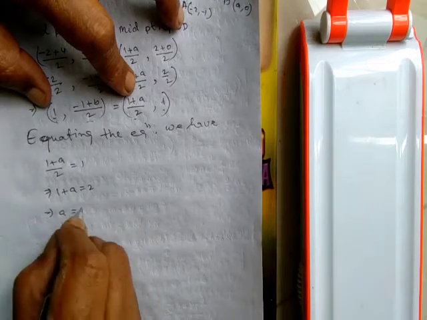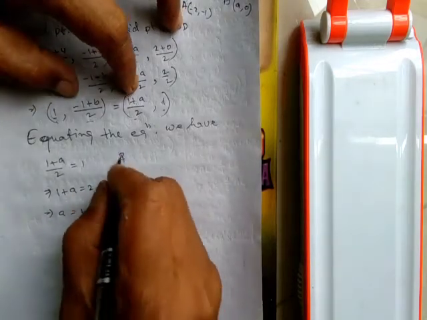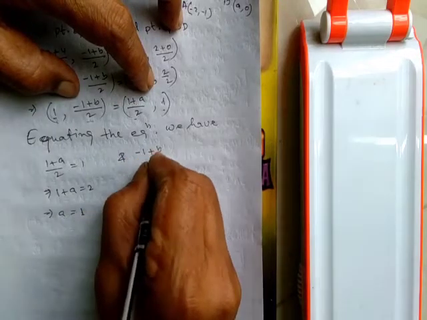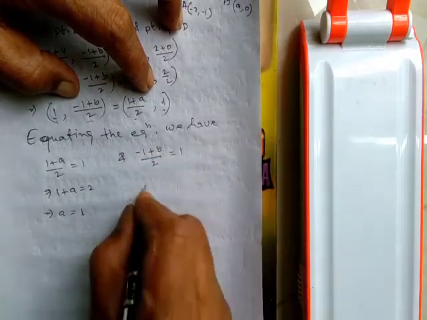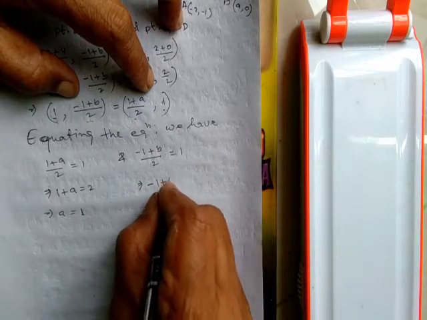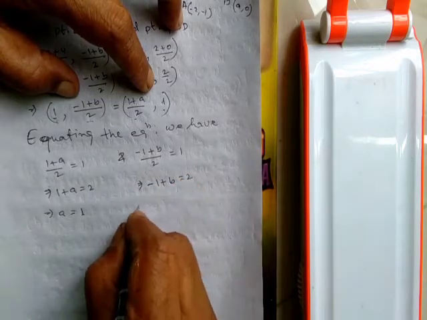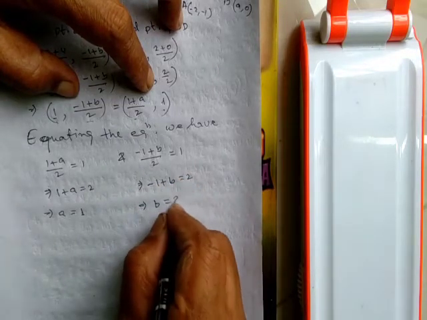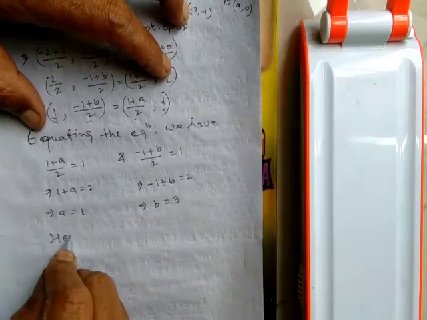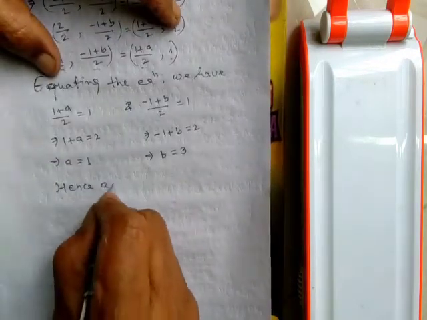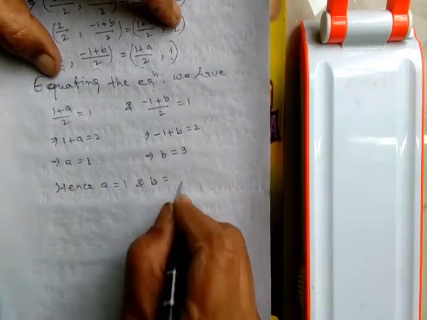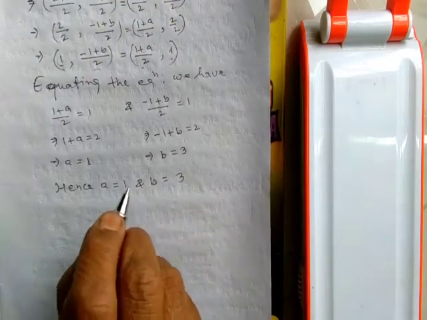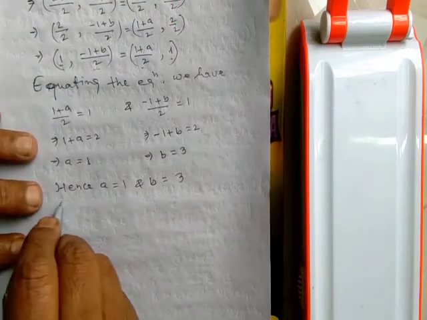This implies a is equal to 1. And (-1 plus b) by 2 is equal to 1. This implies minus 1 plus b is equal to 2. This implies b is equal to 3. Hence a is equal to 1 and b is equal to 3. This is what we got as the value.